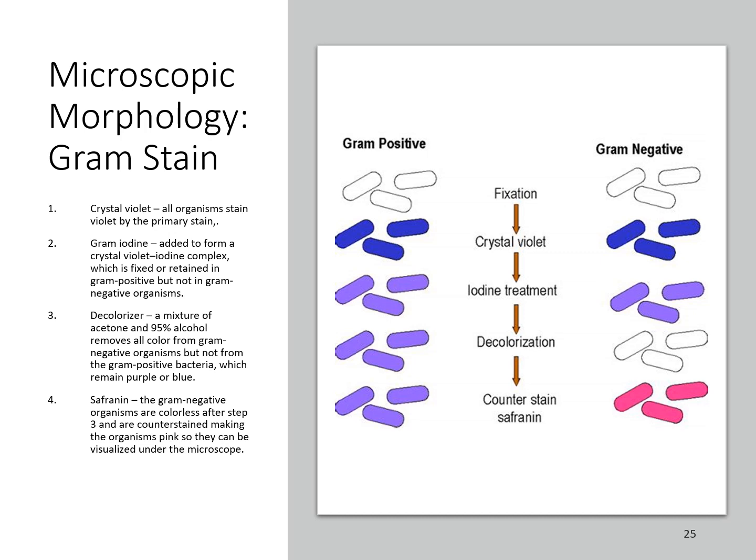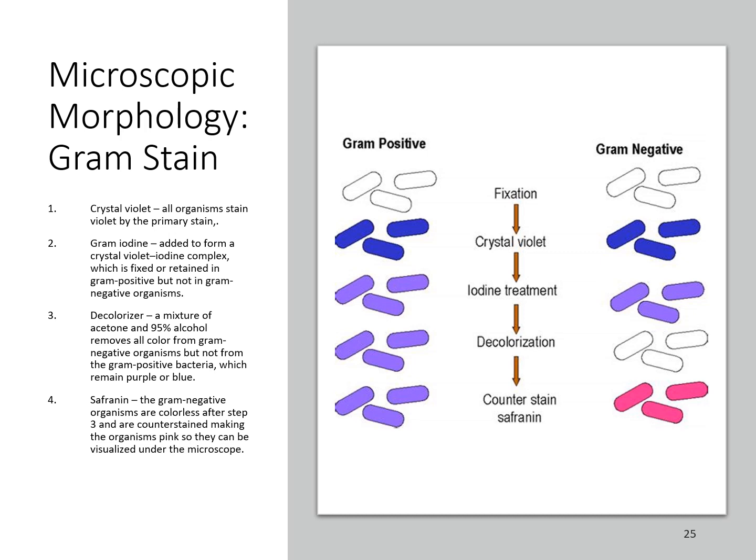Once you move on to step 2, you wash off the crystal violet and then add the iodine. When you add the iodine, it helps to fix that crystal violet, so it is retained within the gram-positive bacteria, not in the gram-negative.